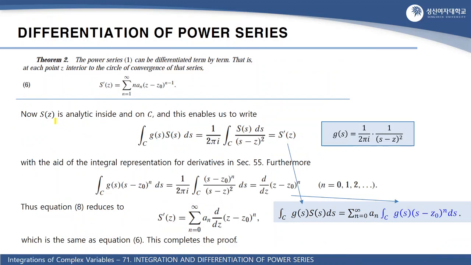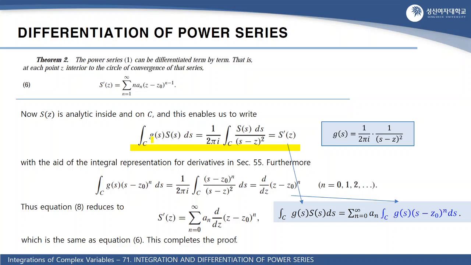Now, g(s) S(s) is analytic inside and on the contour C, and so we can write this integral along the contour C of g(s) S(s) ds, because g(s) is defined by 1 over 2 pi i times 1 over (s minus z) squared.